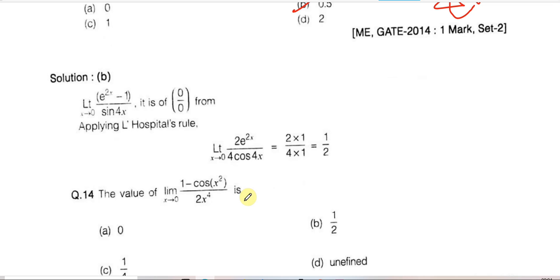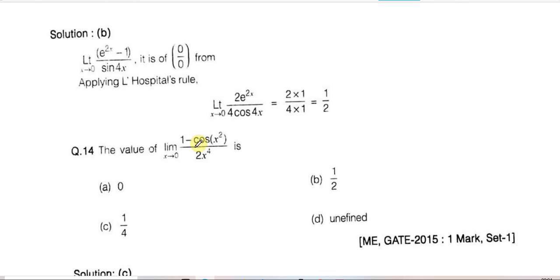It's a very easy one. (1 minus cos x) square upon... I have already told, if x approaches to 0, (1 minus cos x) upon x square is 1 by 2. Here is x square, means x square to the whole square should come here, means x to the power 4 should come here. So simply its value will be 1 by 2 into 1 by 2, which is 1 by 4.